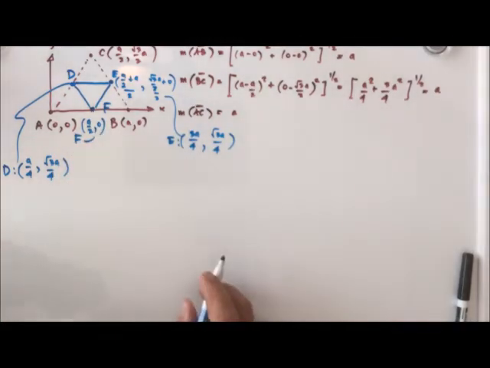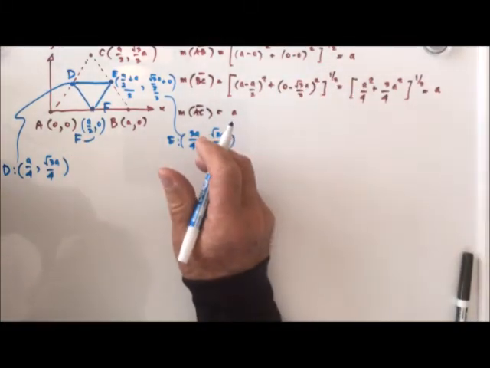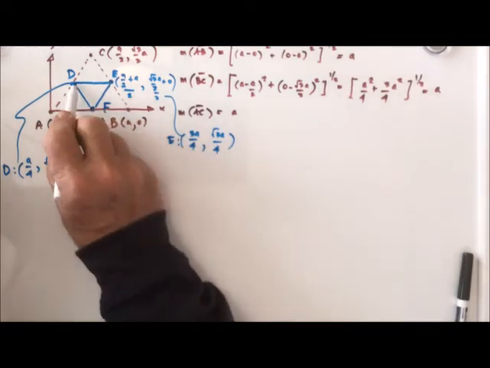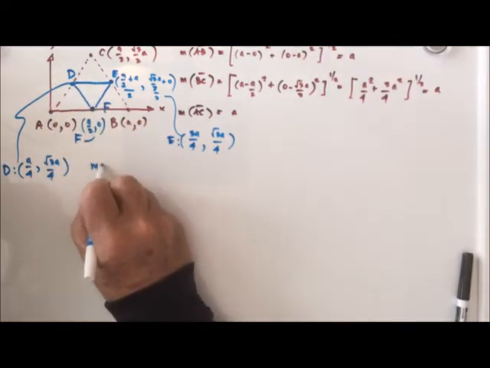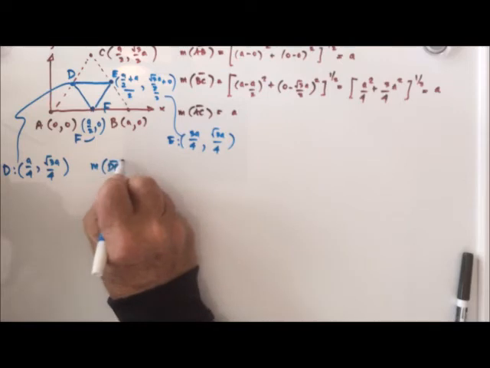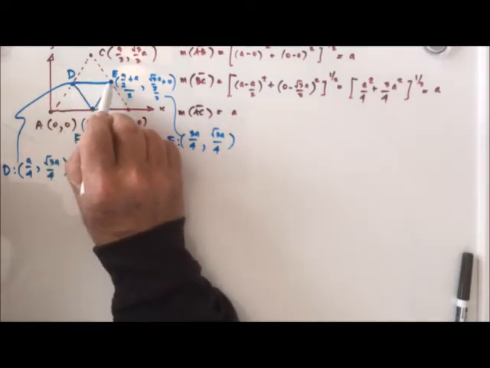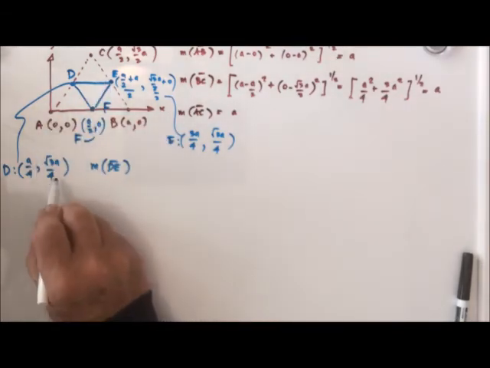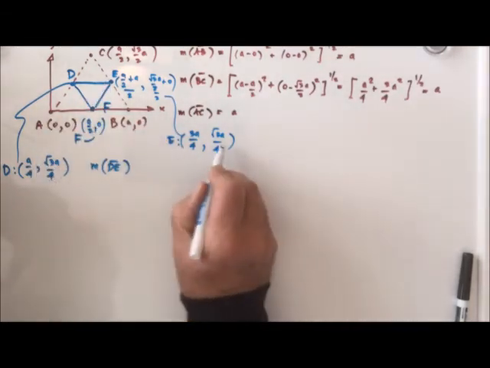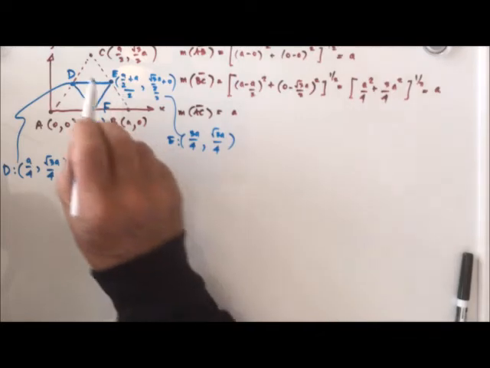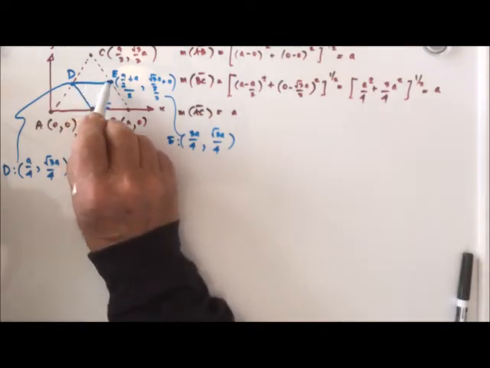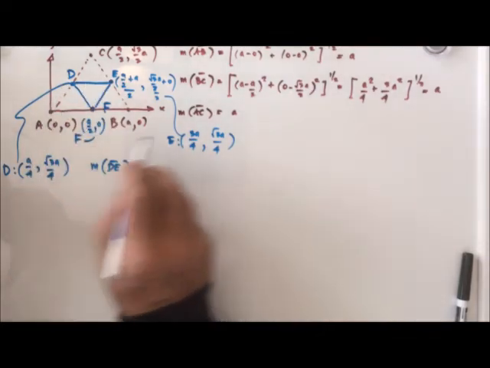Okay. And let's do the same thing that we did here. Let's find, first of all, the length of segment DE. All right, what is this length? This should be fairly easy because these 2 points have the same y-coordinate, √3a/4. And so this distance should be just the difference in their x-coordinates.